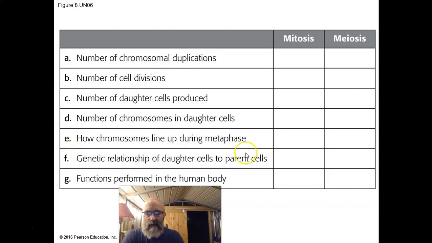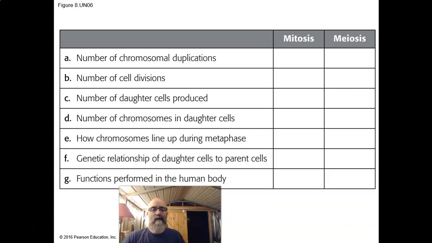Genetic relationship of daughter and parent cells. Mitosis, exact copies. Faithful, exact copies need to be produced by mitosis. In meiosis, however, that's why if you have 6 siblings, all of those 6 siblings could conceivably have half of their DNA come from the same mother, half of the DNA come from the same father, and they are very different individuals.